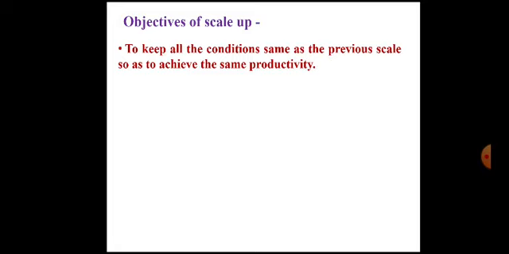Once these conditions are standardized, we use all these standardized values and we'll try to apply these values in the next level. So the first objective is to keep all the conditions same as the previous scale so as to achieve same productivity.